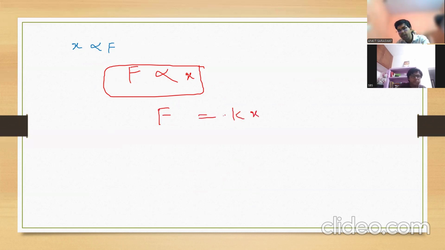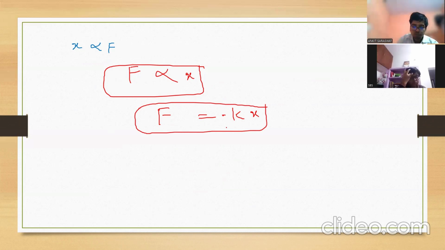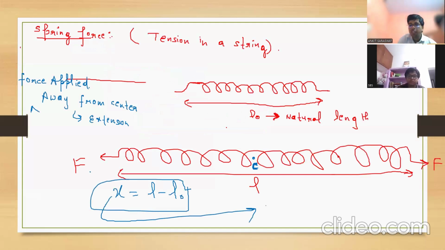Somewhere it is written minus kx. Why is it minus kx? But in our case, this F is the force applied. Clear? It is equal to K into x.